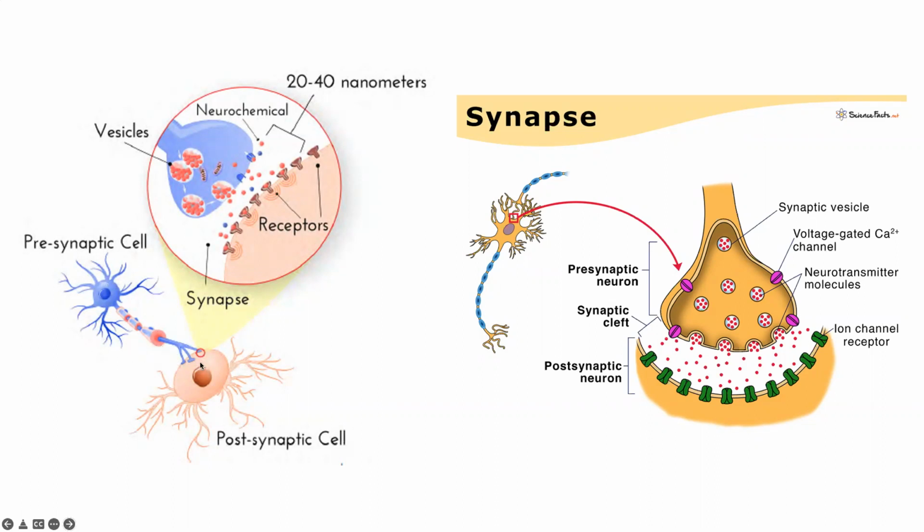You have the synaptic cleft, which is the area between the axon terminal and the dendrite. And then you have the postsynaptic neuron, which is the start of the dendrite. Information in the form of chemicals and electrical signals passes from the presynaptic neuron through the cleft and into the postsynaptic neuron.